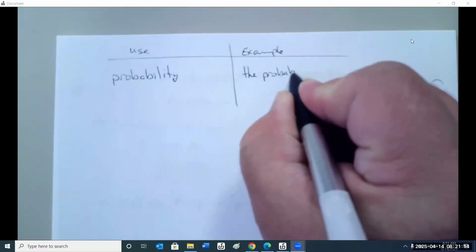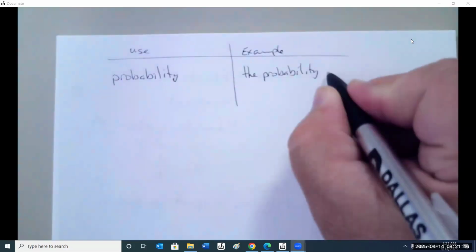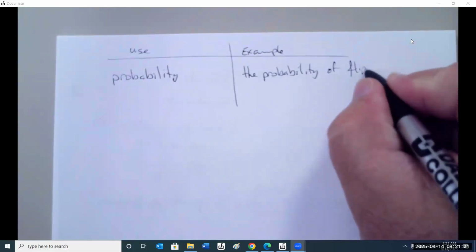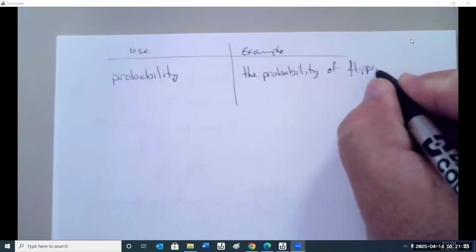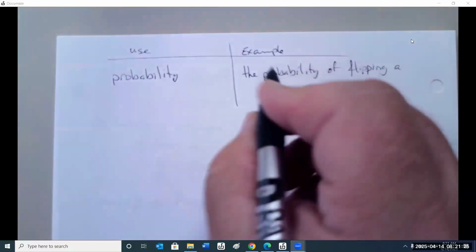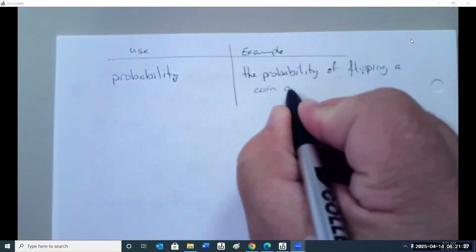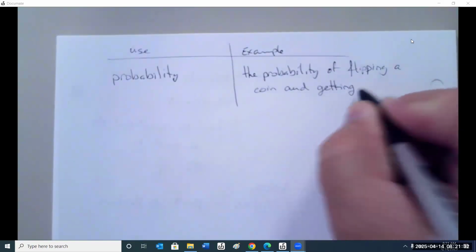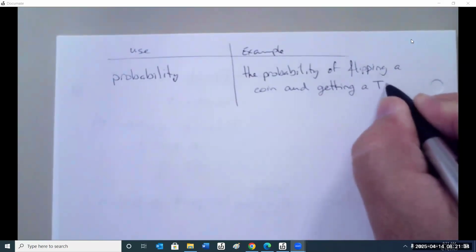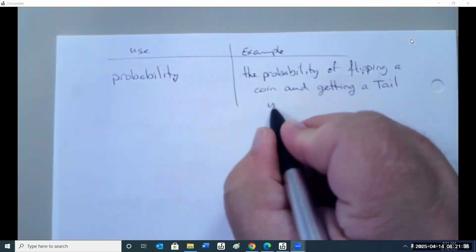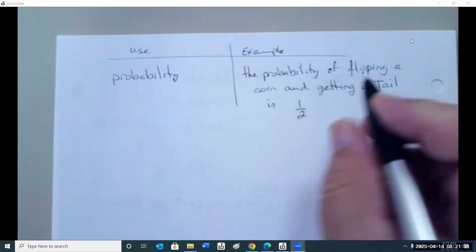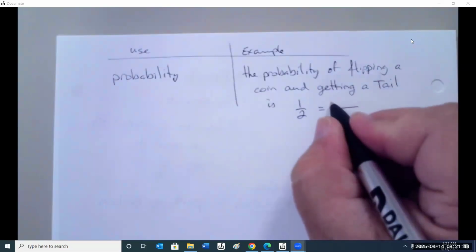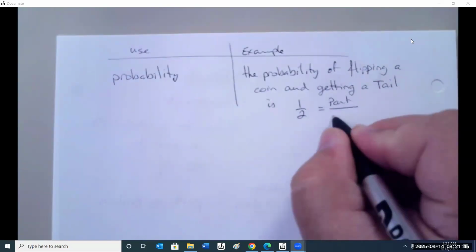The probability of flipping a coin and getting a tail is 1/2. This is the part over total.